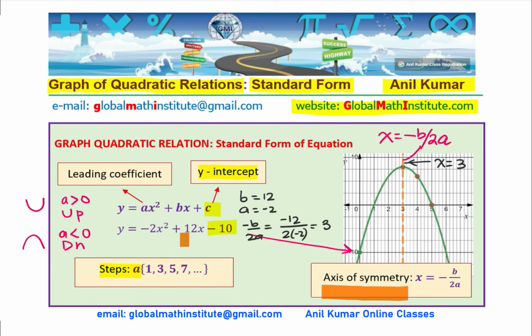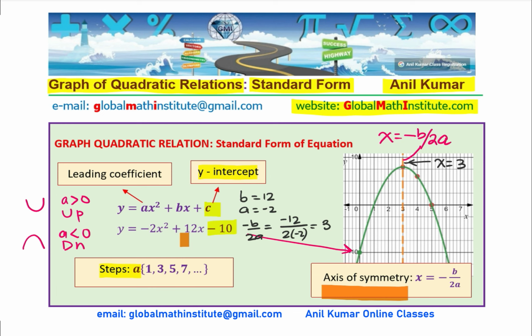Makes sense? So as you can see from the standard form, we get the y-intercept, we get the axis of symmetry, and the steps from a multiplied by 1, 3, 5, 7. You get the idea. So a lot of parameters are known to us.